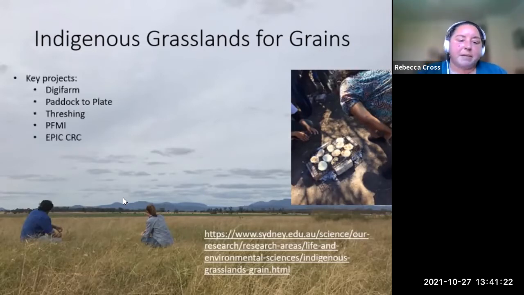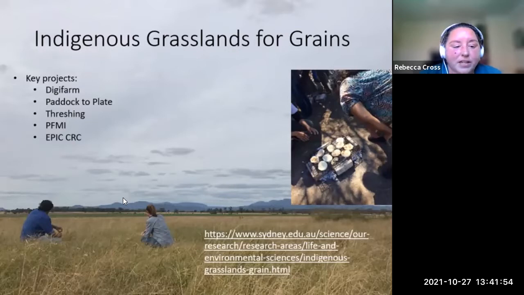And some of the key projects that we've done through this are related to, one, DigiFarm, which is all about actually growing native grasses on the property to start developing some of that science around management. A paddock to plate project, which looked at the potential for growing the grains all the way over to the consumption side of things.